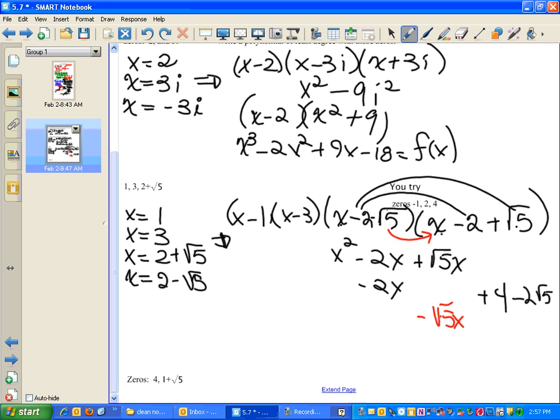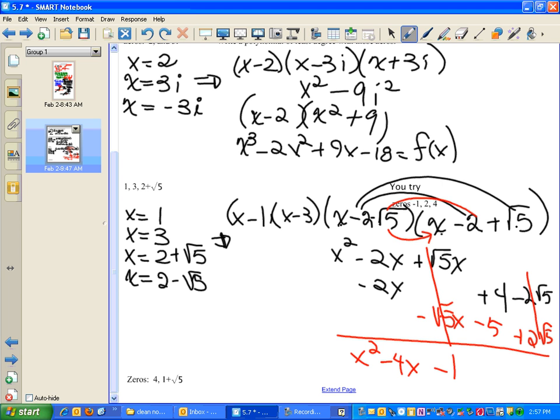And then negative root 5 times negative 2 is positive 2 root 5. And then what's negative root times positive root 5? Negative 5, which we'll put under the 4. X squared minus 4x. This drops out, minus 1.